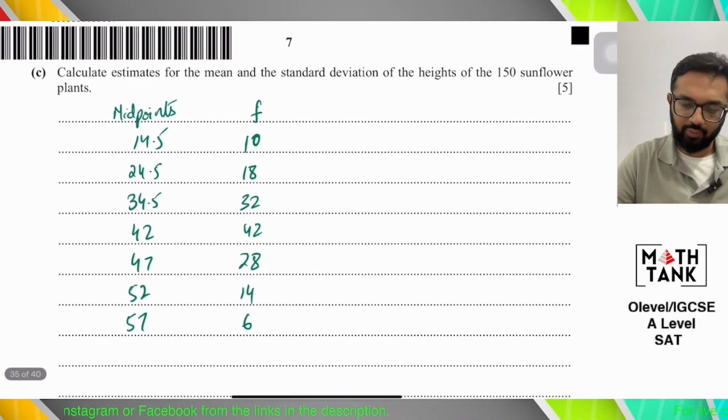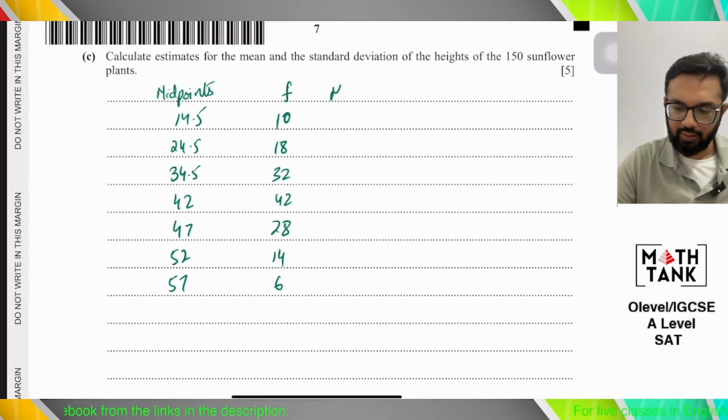Okay, so the mean is then simple. Mean is just sum of fx over sum of f.